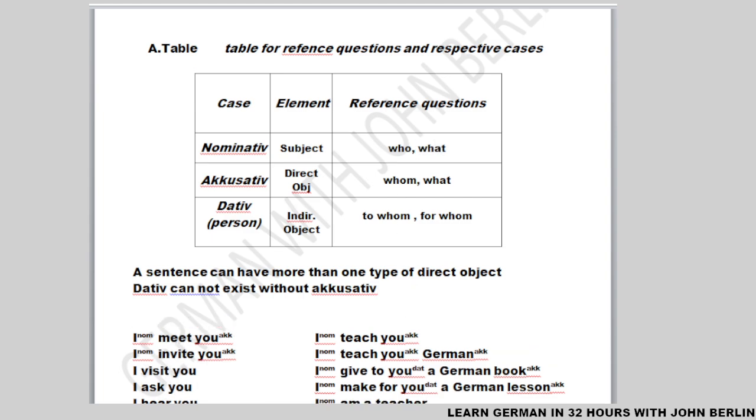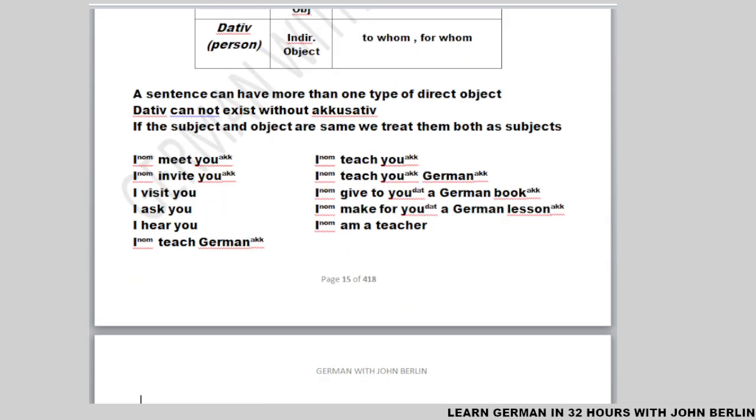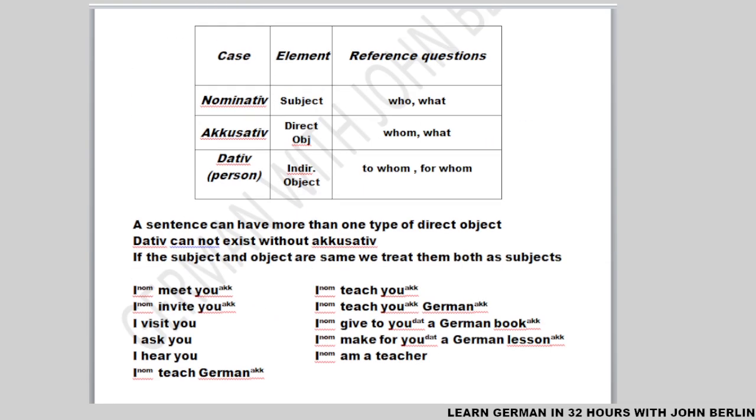So the rule we could write: if the subject and object are the same, we treat them both as subjects, right? So in this case, I and teacher is the same person. So we'll treat them both as the subject.